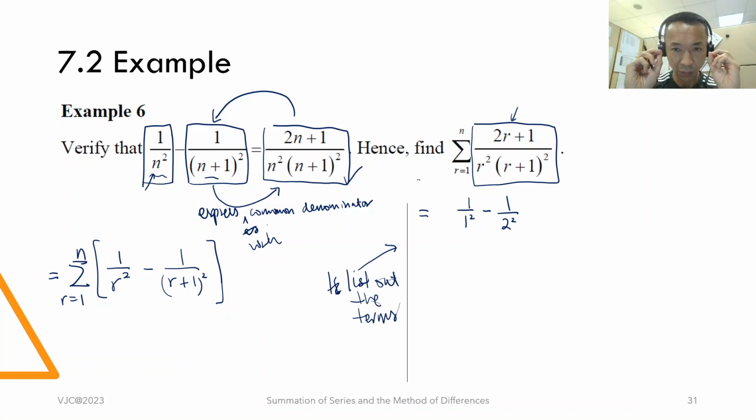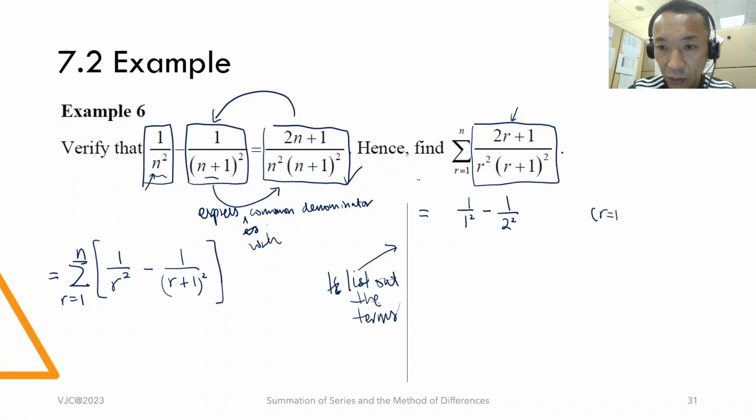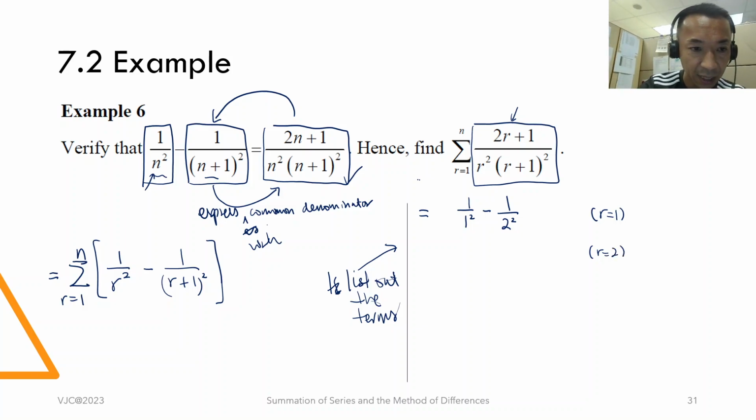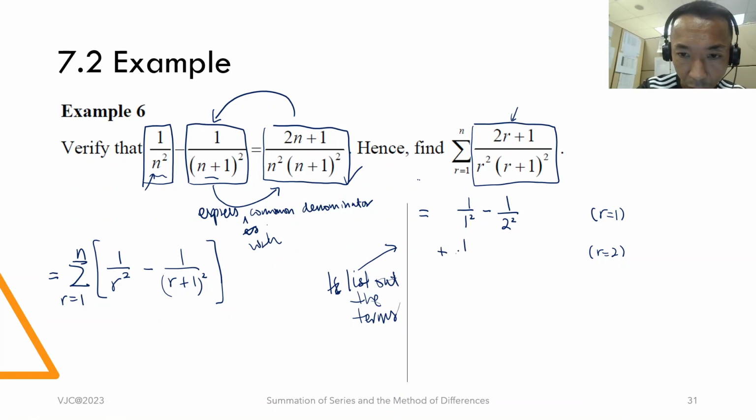You list out the terms like that. For this method to work also, the presentation is key. For each value of r, I will have a line. So r equals to 2, I write another line. That means I substitute r equals to 2 into this expression, and you get 1 over 2 squared minus 1 over 3 squared.